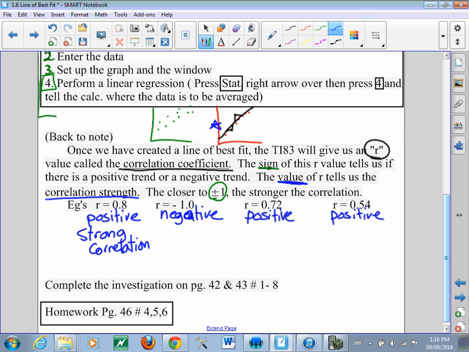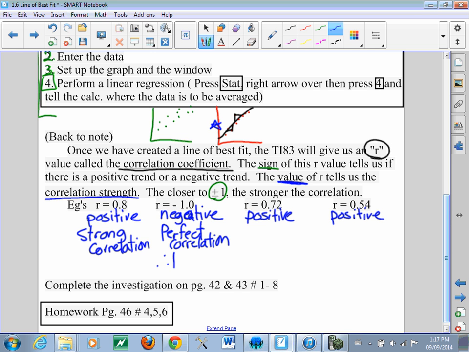Now the second one, it's negative, but 1 is the absolute closest you can get. So 1 is a perfect correlation. So this is actually called a negative perfect correlation. What does that mean? That means all the data points fit on a straight line because it's a linear regression.